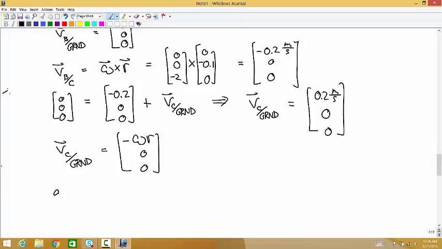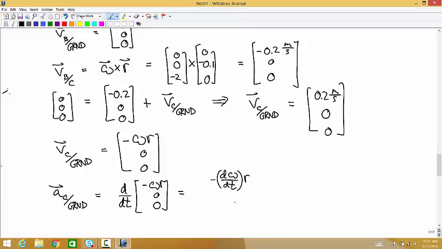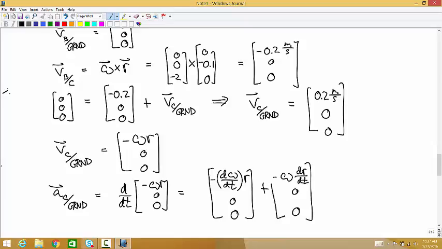And so the acceleration of C relative to the ground is just the time derivative of this. And so that's equal to negative d omega dt times r plus omega times dr dt. That still has a negative. Dr dt doesn't change.